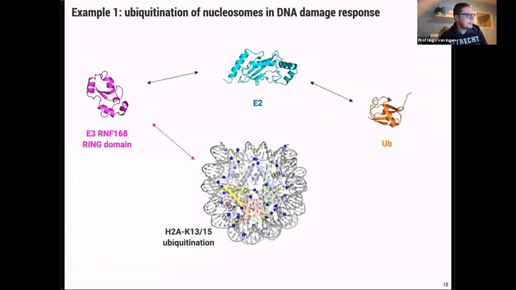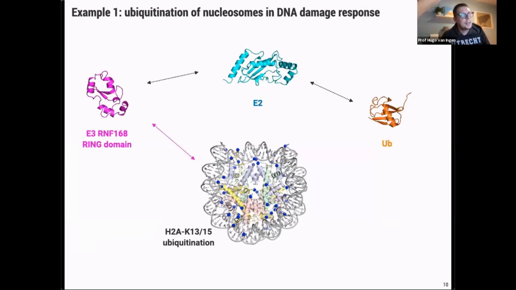I want to illustrate this NMR approach to study macromolecular assemblies with two examples from my group. The first is on the ubiquitination of nucleosomes in the DNA damage response.